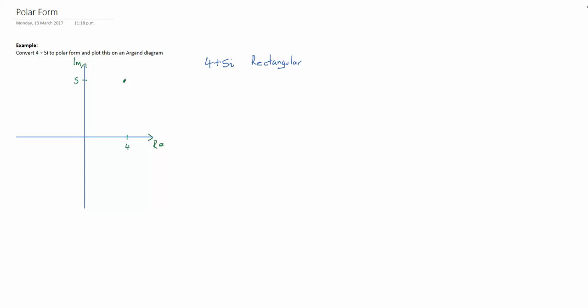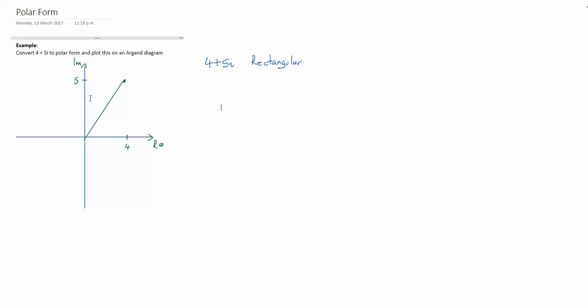That point that we can plot by going 4 across and 5 up, we could also get to the same point. I'm just going to draw myself a line here. It's not perfect, but it will do.